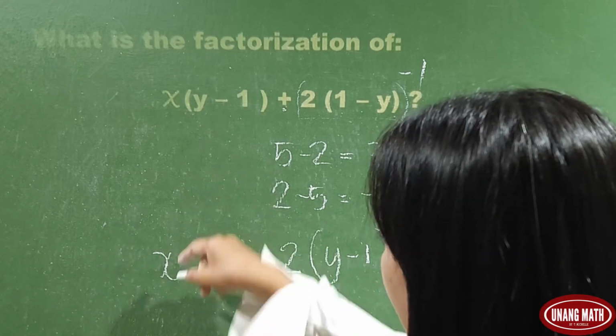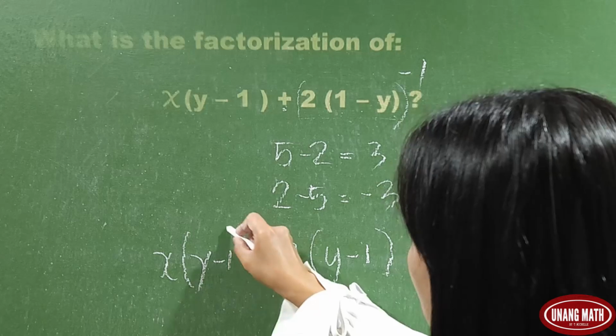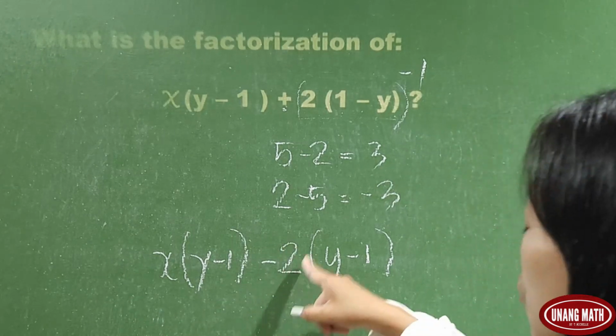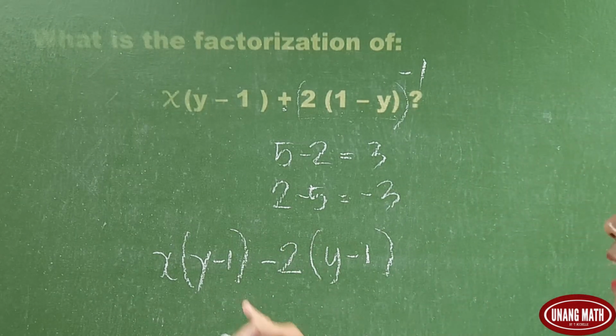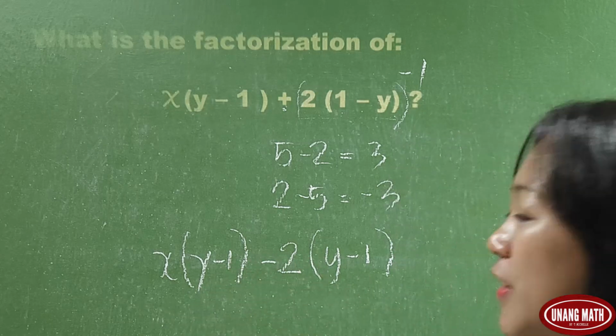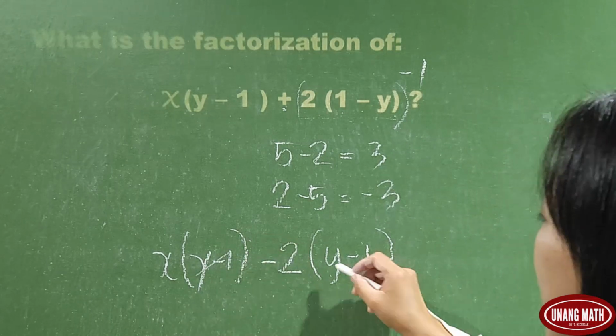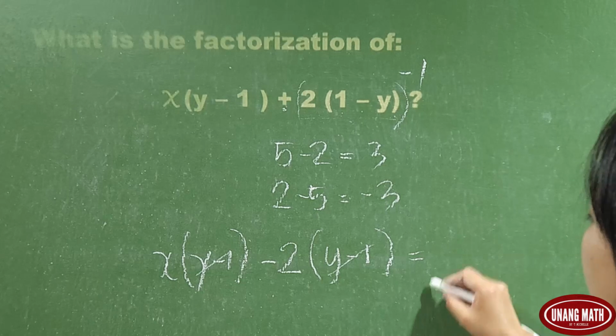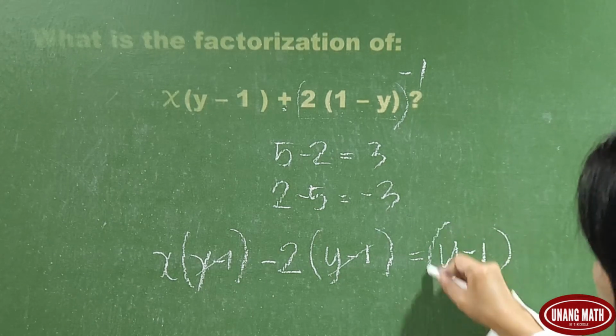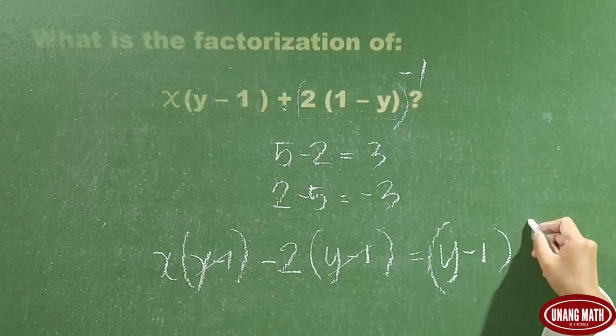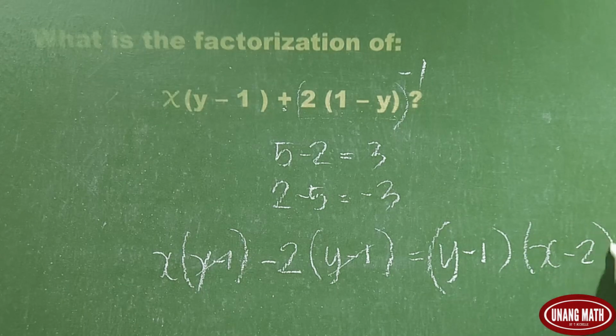So here is x times (y minus 1) minus 2 times (y minus 1). Now we have a common factor, and that is y minus 1. So this is then (y minus 1) times (x minus 2).